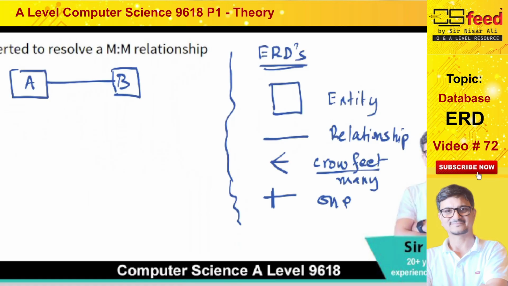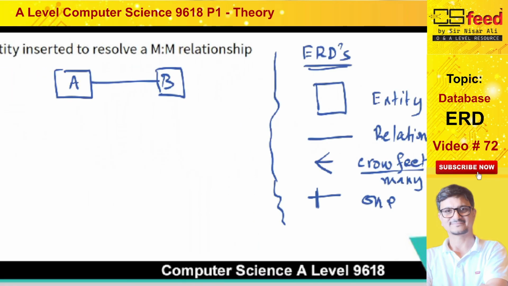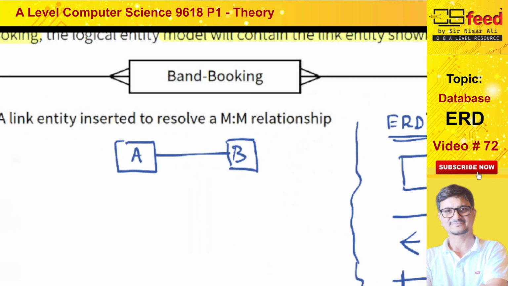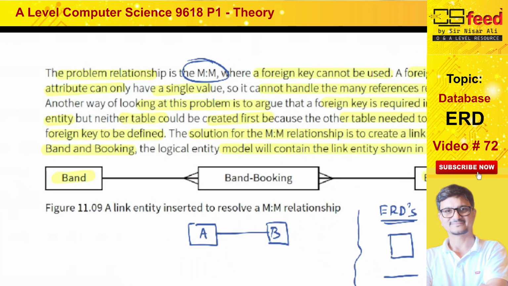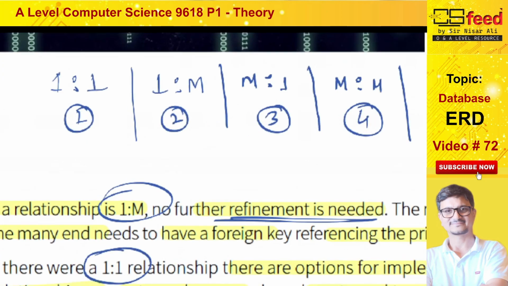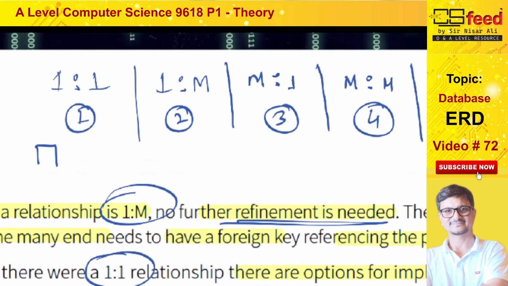So we'll be using these shapes for the ERDs. Now, what is the problem with many-to-many? Let me go back and give you the same example. This is one-to-one, A and B. This is the one-to-one relationship, and one-to-many is going to be, this is one.